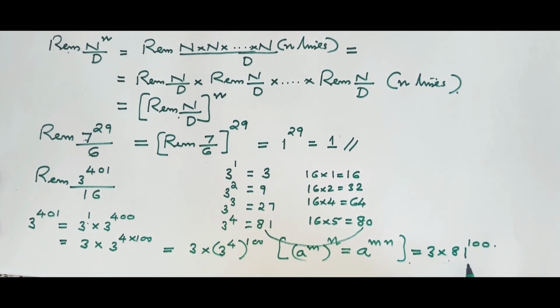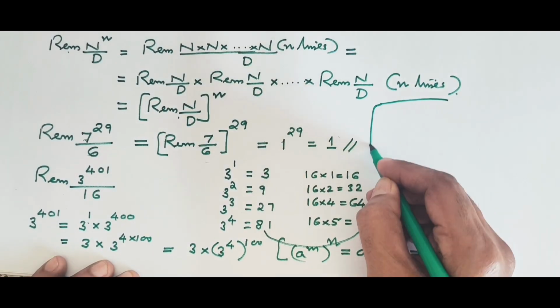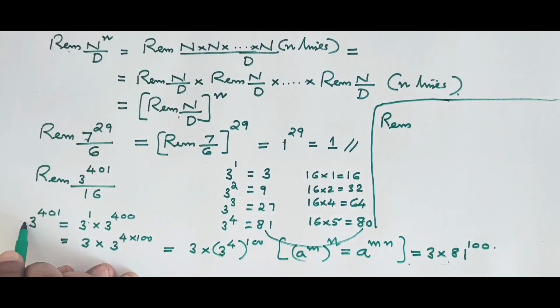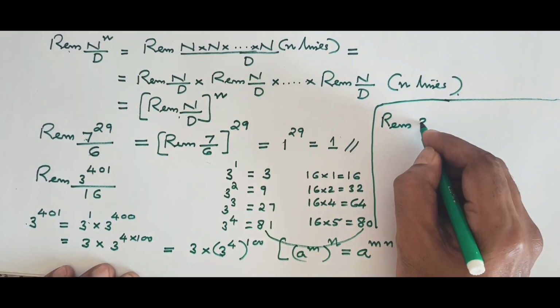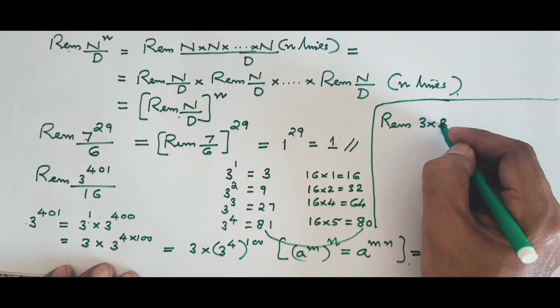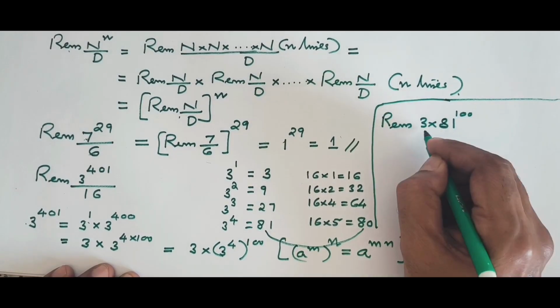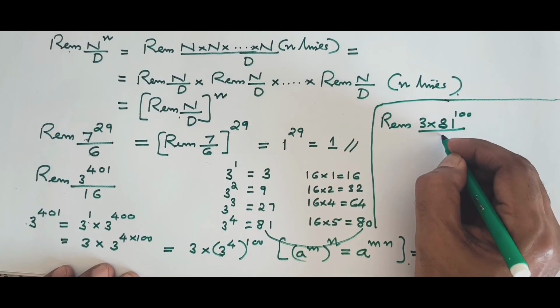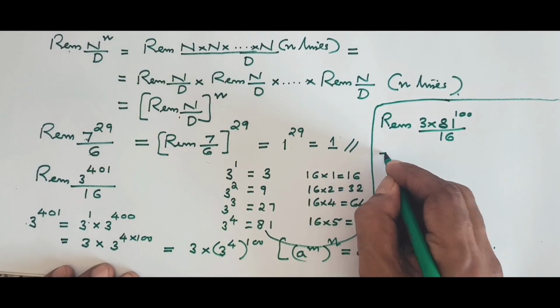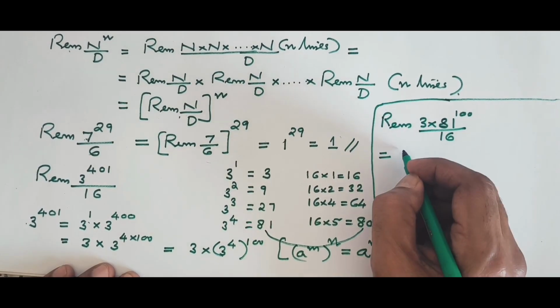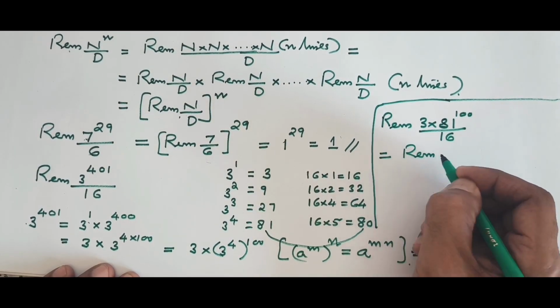So we will write this number instead of this here. Remainder of, instead of this I am writing this one, 3 multiplied by 81 to the power of 100 when divided by 16. You have two terms, so you can distribute like this.